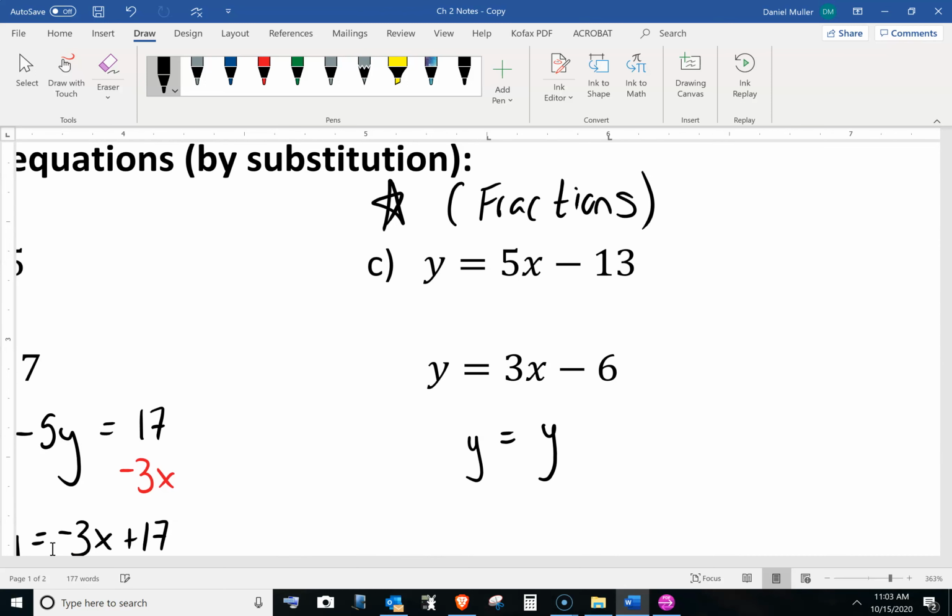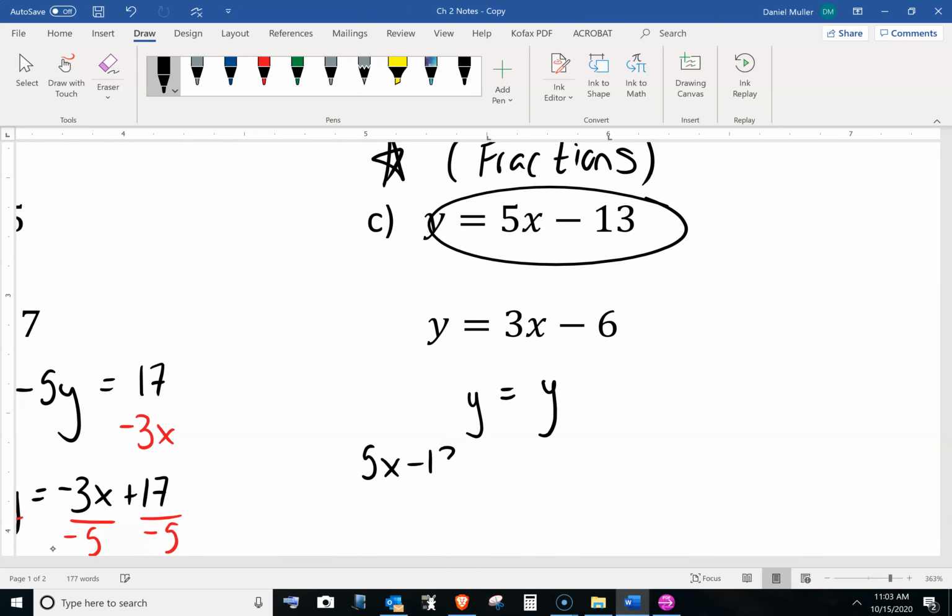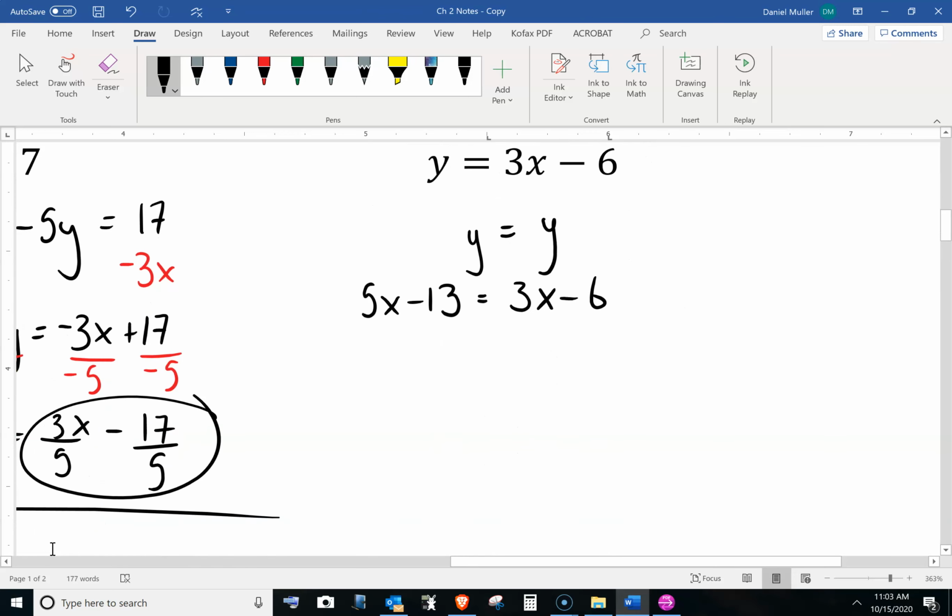So I start with y equals y, and so one of the y's is 5x minus 13, so I'll put that on one side, and 3x minus 6 on the other. And now I'm going to move the smaller x, so I'll move the 3x over to here.